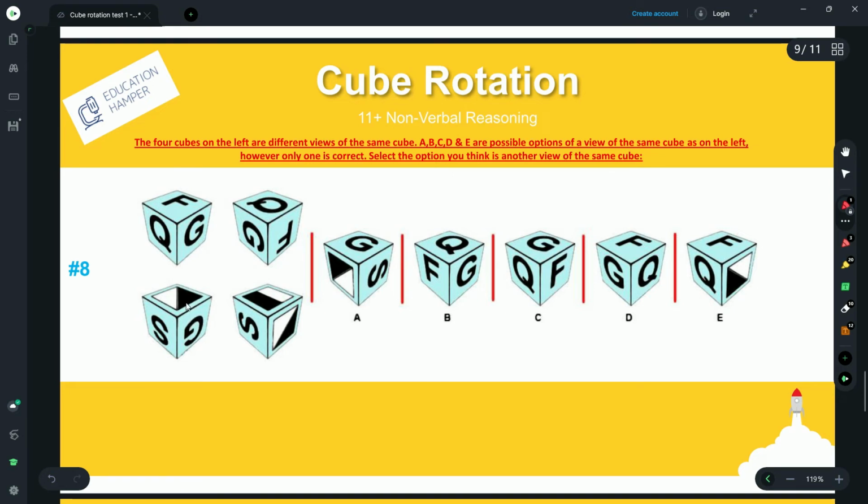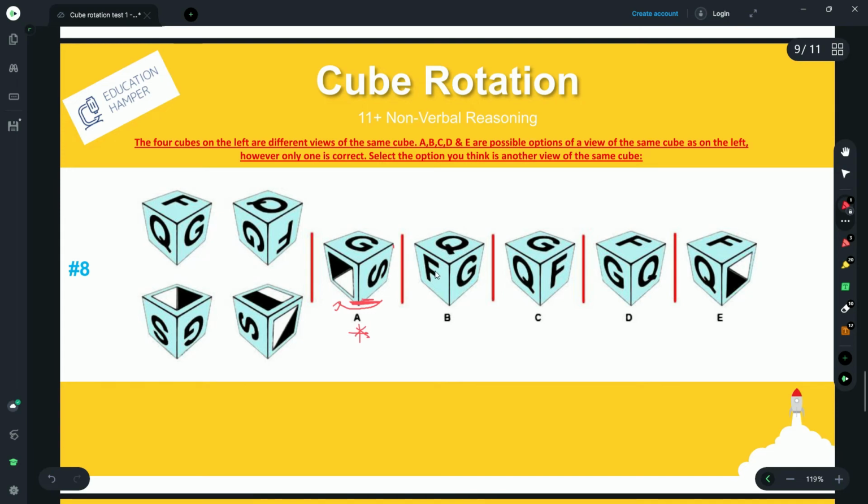Bottom of G should face the black part of that triangular shape, and it does. And to match this pattern here, if you think that we want to twist this, so this face on top sits at the bottom there, we would match this shape here. So I think this is correct, but let's remove all the other answers.